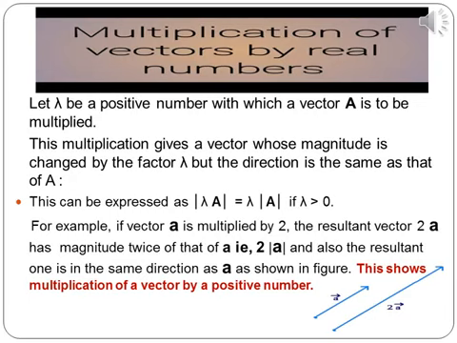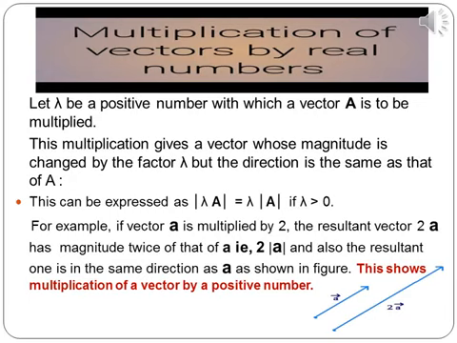In today's class, I am going to teach you multiplication of vectors by real numbers. Let lambda be a positive number with which a vector A is to be multiplied.